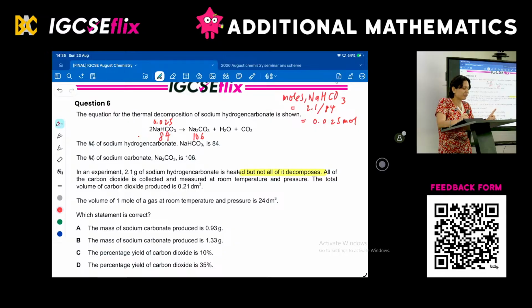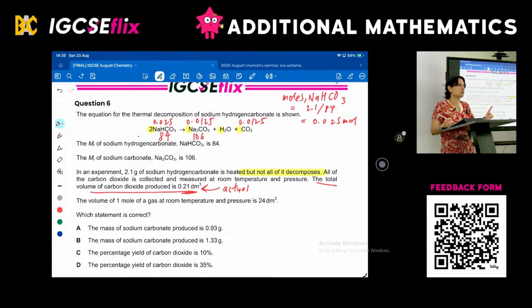Same, double, or half? Half, because you can see from here the ratio is 2 to 1 to 1 to 1, right? So I am supposed to get 0.0125 and I'm supposed to get 0.0125.